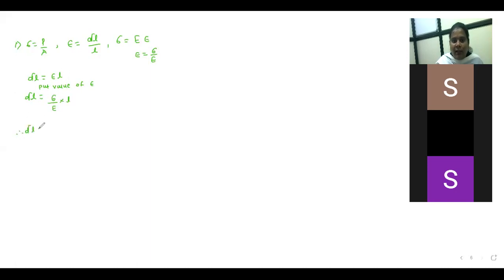Now we put sigma equals P by A. So del L equals P by A into L upon E. Therefore, del L equals PL upon AE.